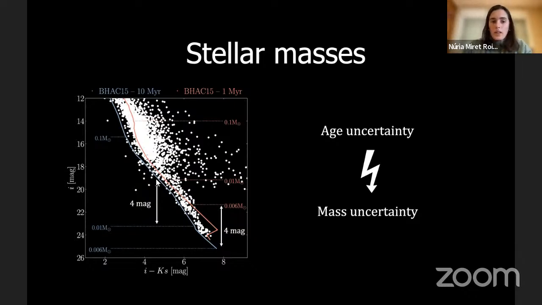So either we know very well the age of our sample, or the age uncertainty is going to be translated into a mass uncertainty in the mass function.